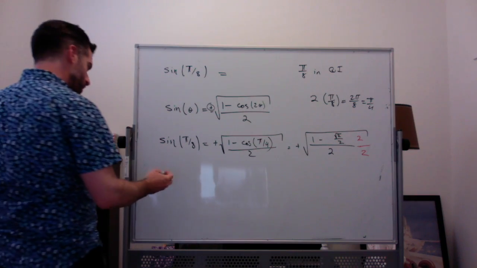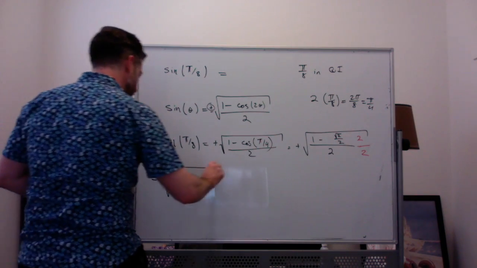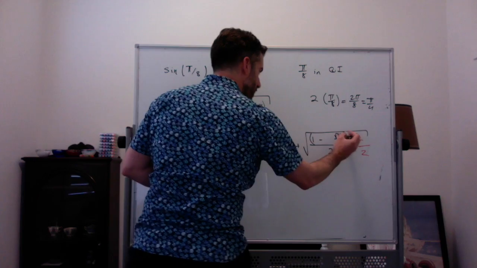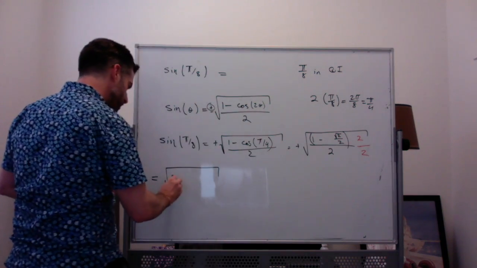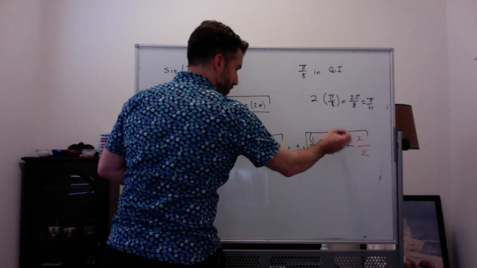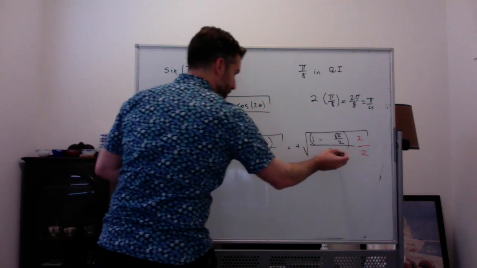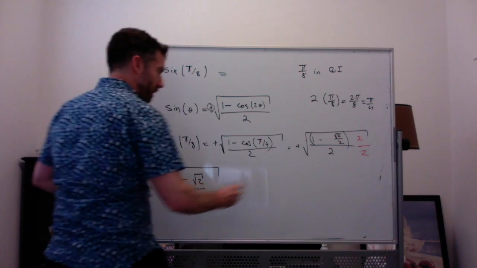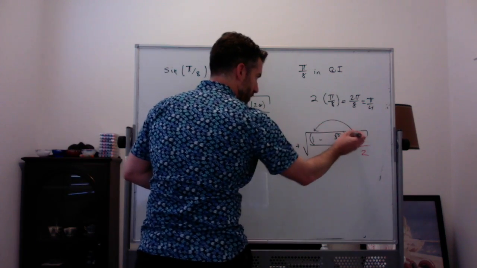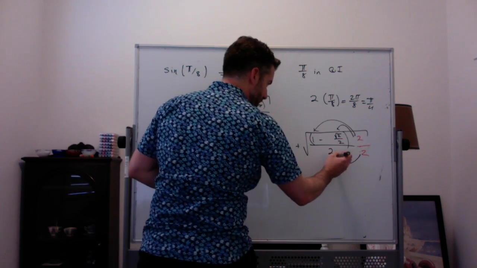So on top, the 2 distributes, and 2 times 1 is 2, and 2 times root 2 over 2, the 2's cancel and you get root 2. On the bottom, 2 times 2 is 4. Right, so this multiplies here, and this multiplies here.